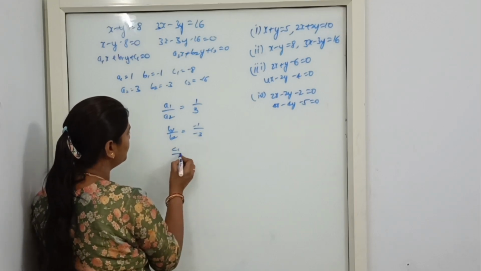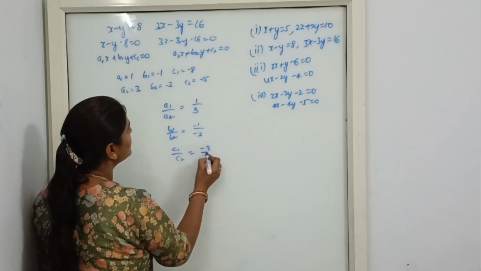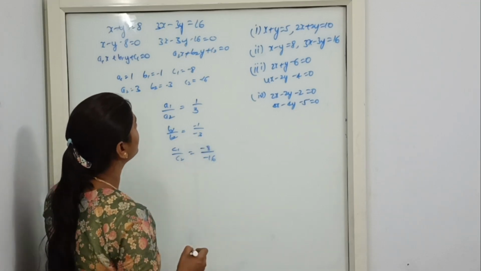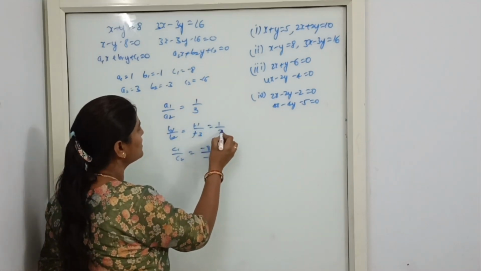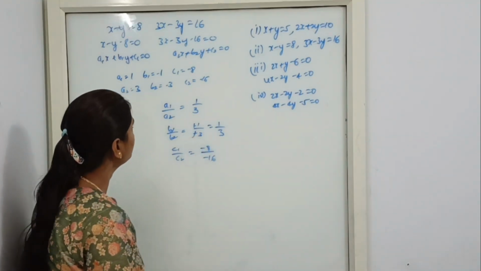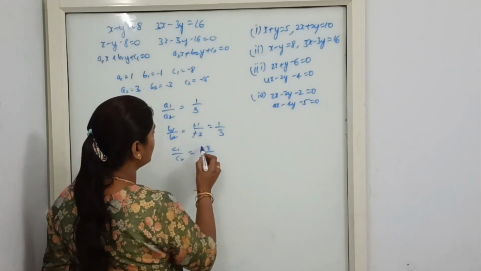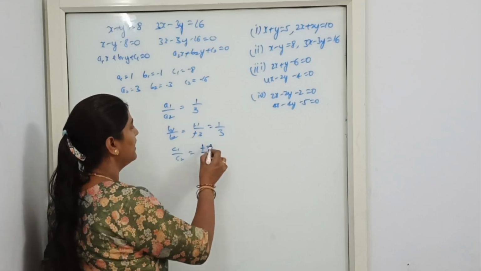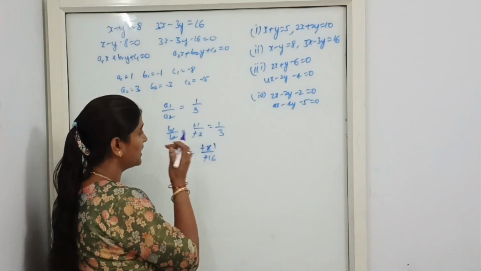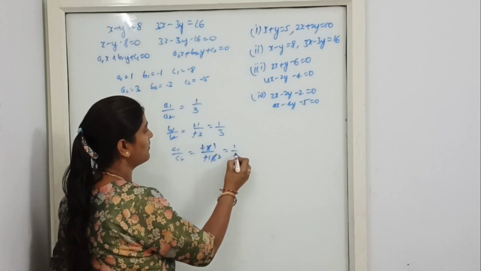Compare the ratios: a1 by a2 is 1 by 3, b1 by b2 is minus 1 by minus 3, c1 by c2 is minus 8 by minus 16. Here negative negative get cancelled, so this is 1 by 3 only. And here negative negative cancel, 8 and 16, this is nothing but 8 ones are 8, 8 twos are 16, so 1 by 2.